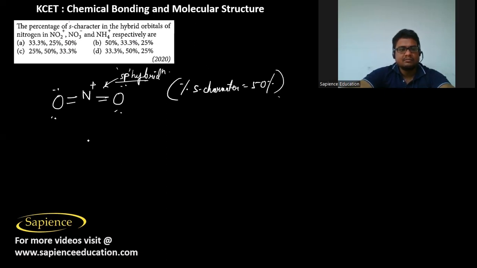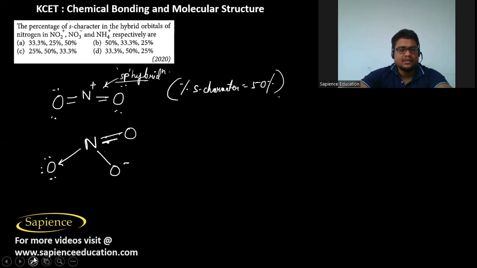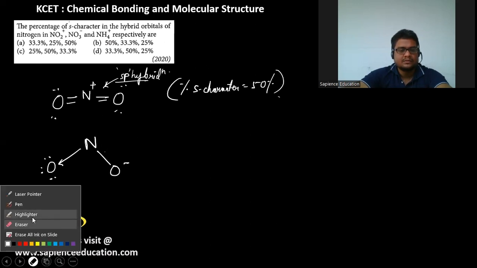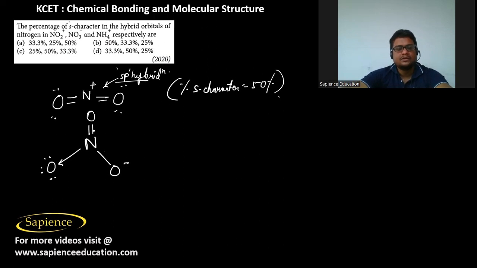So here the percentage s character will be 50%. And then in case of NO3 minus, that will be like this, 1, 2, 3, 4, 5, 6, 7.